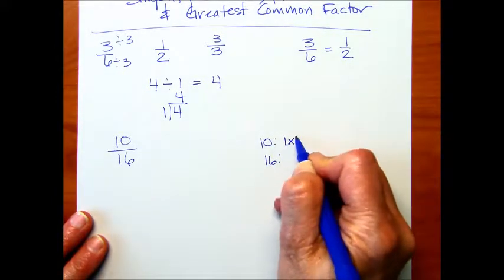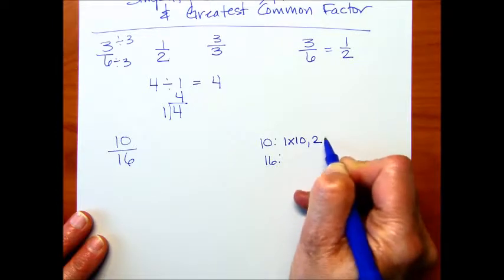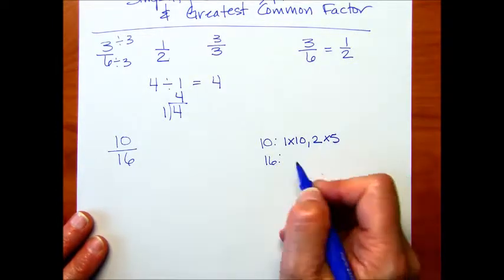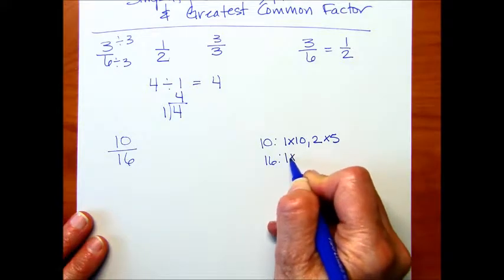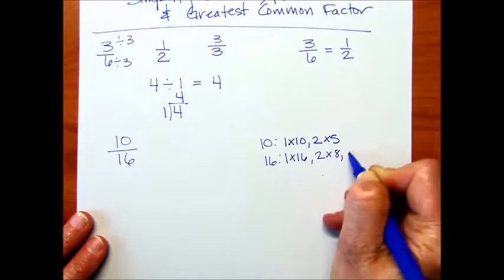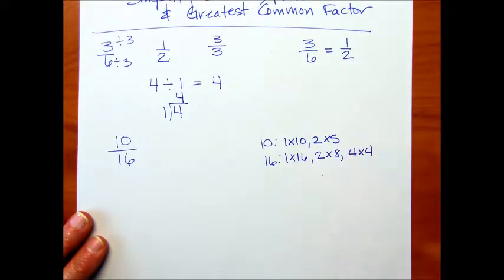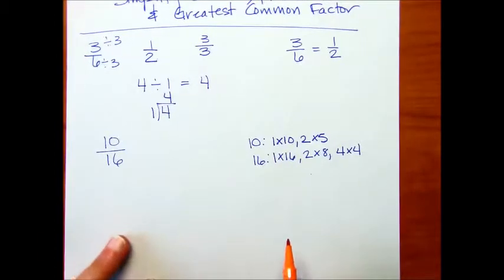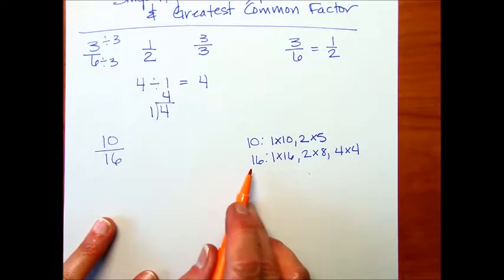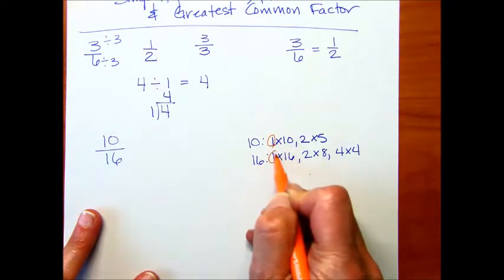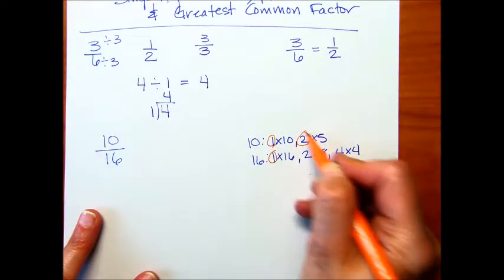So 1 times 10 and 2 times 5 make up the factors for 10. For 16, we have 1 times 16, 2 times 8, and 4 times 4. Notice that we have a few factors that the 10 and the 16 share. They both have a 1, and they both have a 2.